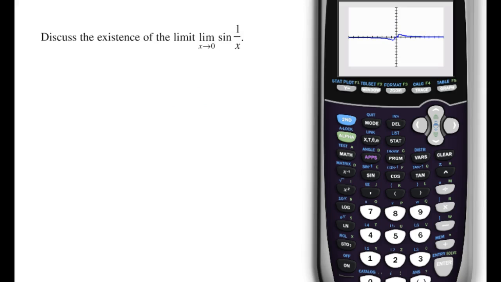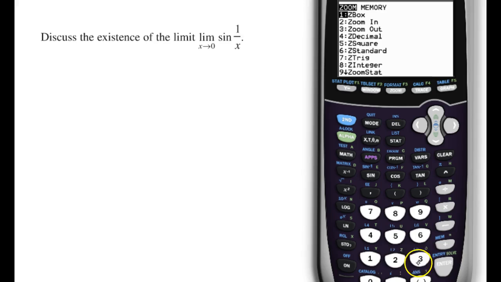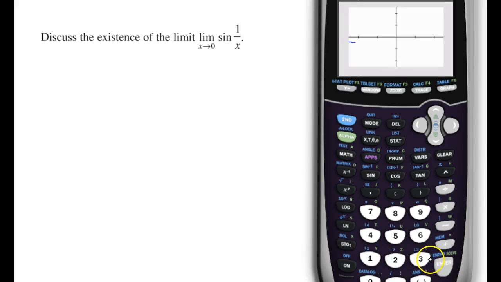Okay, let's look at this. What is the limit of the sine of 1 over x as x approaches 0? Well, here's the graph, and let's zoom in. And as x gets closer to 0, it does something kind of weird, doesn't it? All right, let's zoom in again.